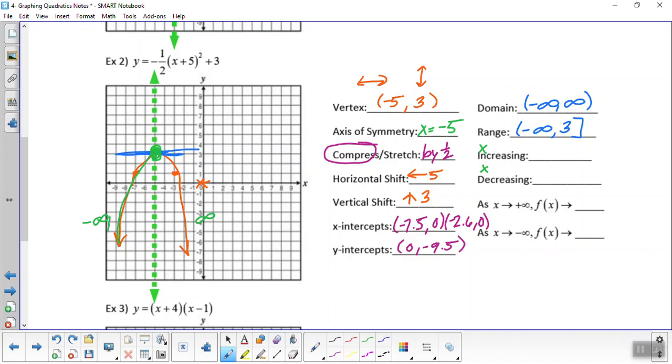So I increased from -infinity to -5. So now I'm at -5, and if I keep tracing my graph, I'm going to be going down. So I'm decreasing from -5 to +infinity.